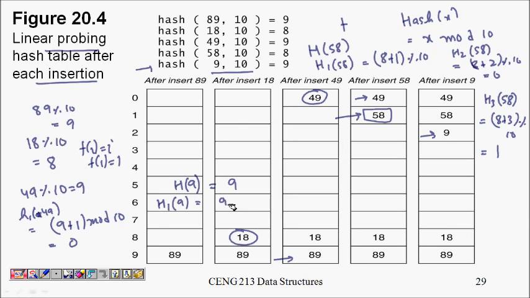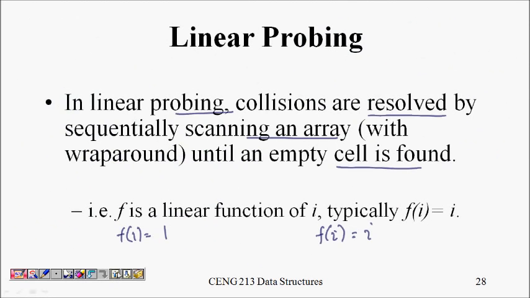So h1 of 9 will be 9 plus 1 modulo 10. So 10 becomes 0, it goes here. h2 of 9 will be 9 plus 2, 11 modulo 10, which is again 1, it cannot go here. h3 of 9 is 9 plus 3, so 12 modulo 10, it goes to 2, and it finds its place here. So this is what is happening in linear probing.